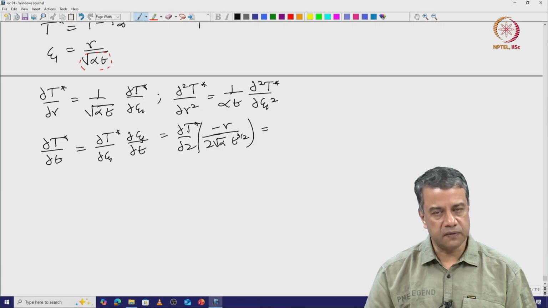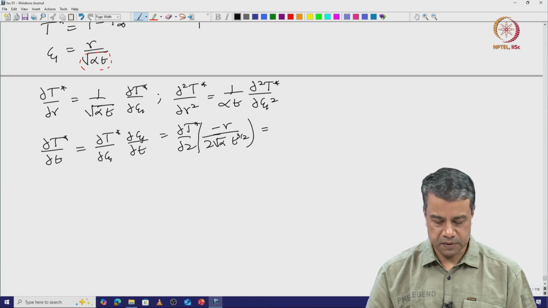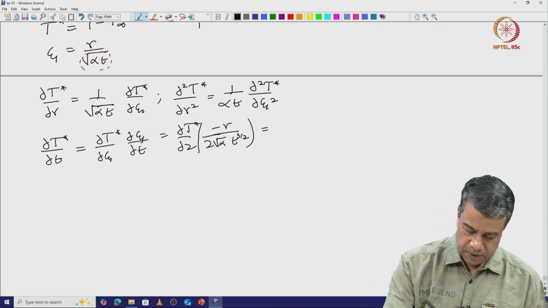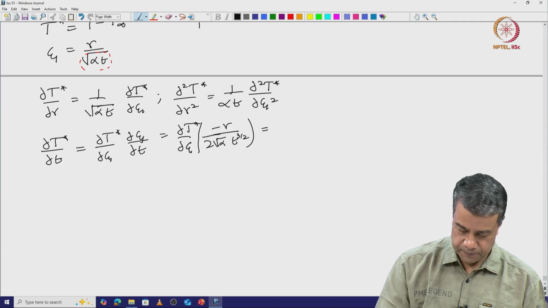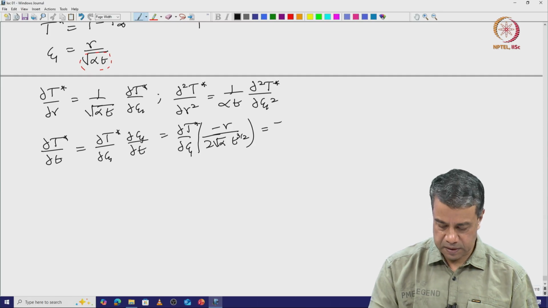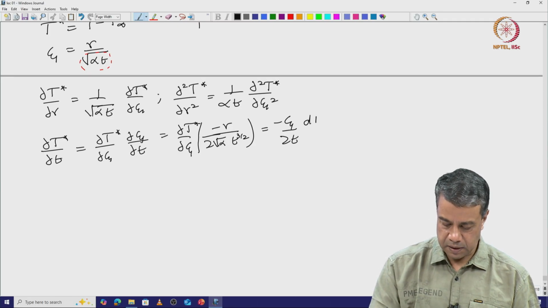And r by root alpha t is of course equal to psi. So, my apologies, this should be psi, is equal to minus psi by 2 t dT by d psi.